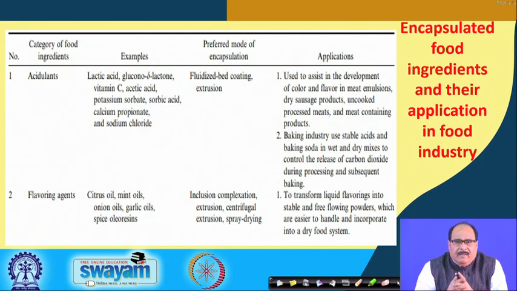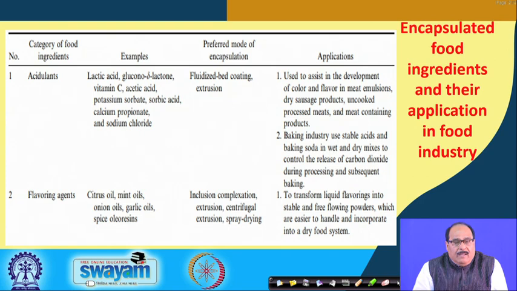In this table, this slide as well as in the next slide, I have tried to take material from the literature to give you information on the category of various food ingredients, suitable or preferred methods of their encapsulation and their use in different food processes.